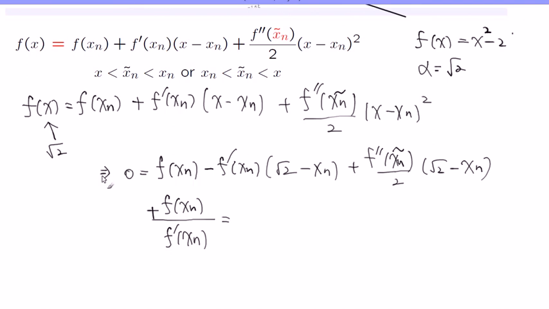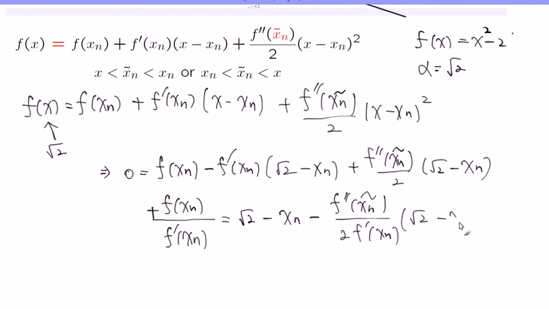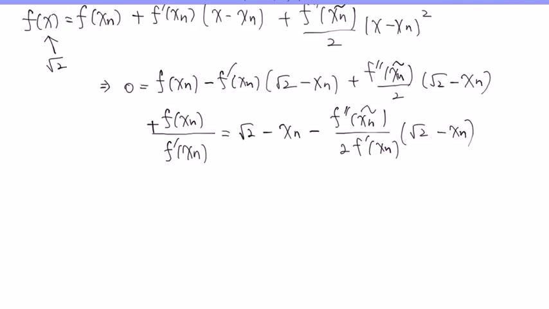Then I subtracted this one and divided by this. What's left is the square root of 2 minus xn. And I divided by this one, so I put f prime of xn tilde, 2 times f prime of xn down there, and square root of 2 minus xn. This is what we got.